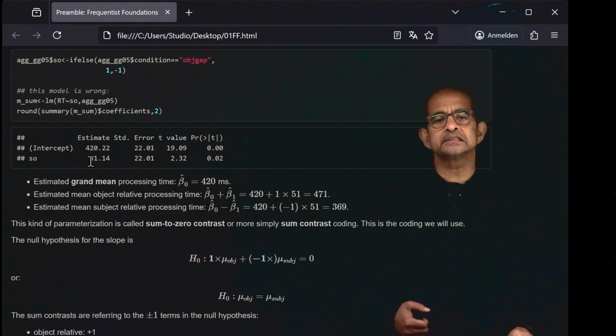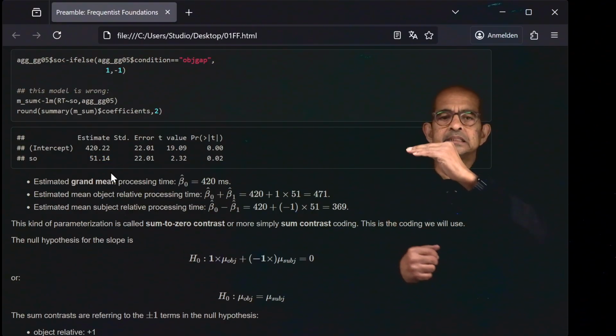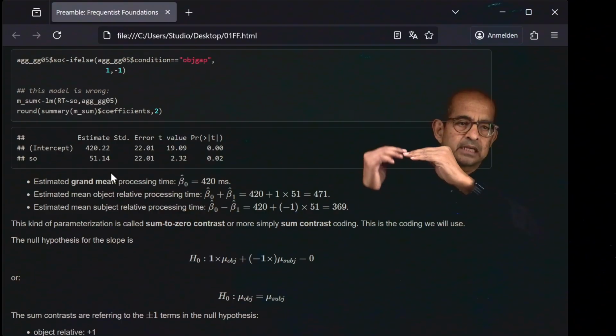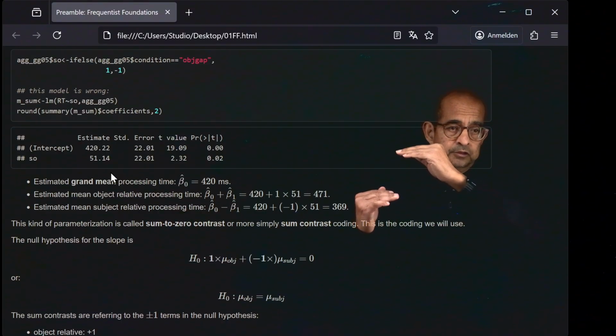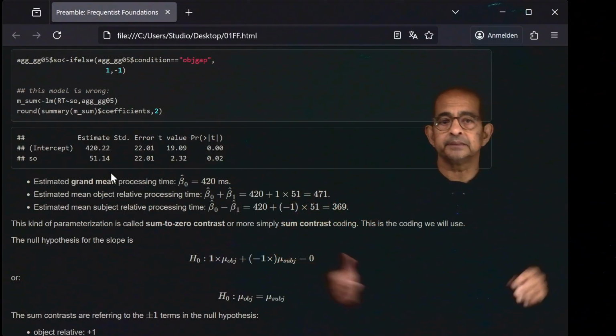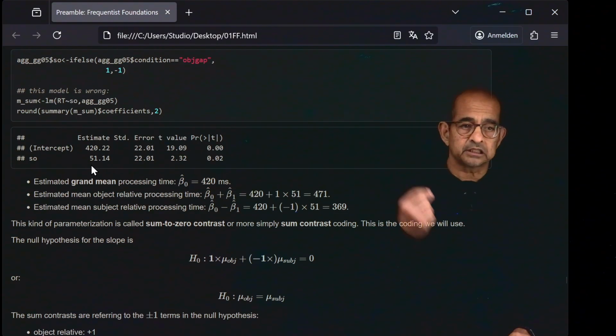What we are getting as a slope here is +51, right? So if the grand mean is 420 milliseconds, if we go up +51 milliseconds, that is the estimated reading time for the condition coded +1. And if we go down, 420 minus 51 milliseconds, we end up with the estimated reading time for the condition that's coded as -1. So that's how you would interpret the slope now, as the deviation from the grand mean.